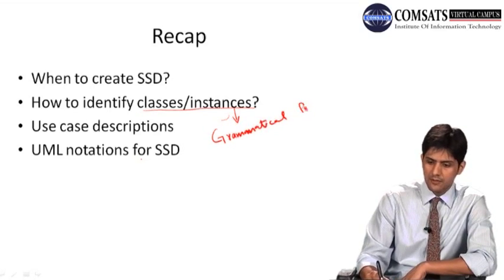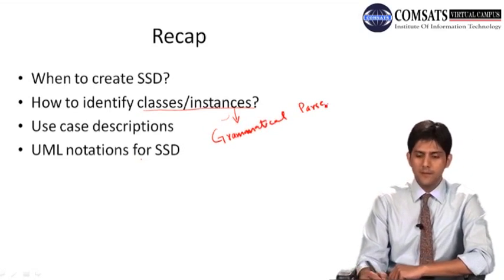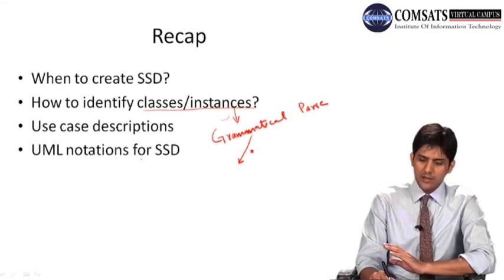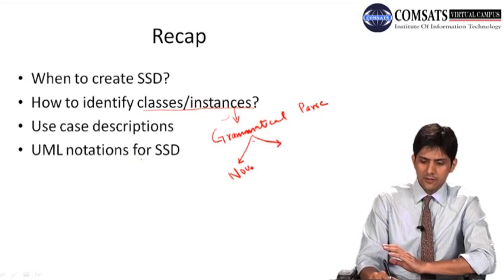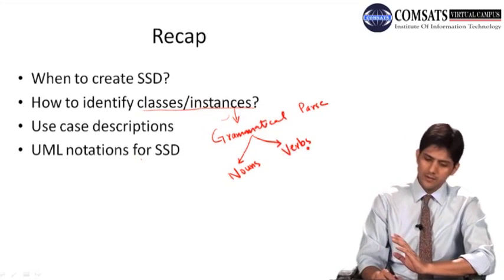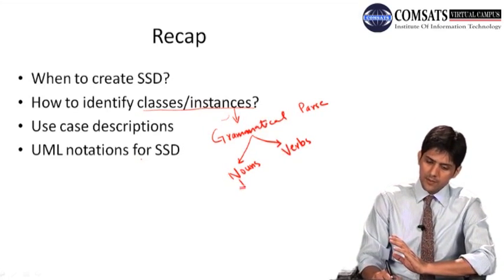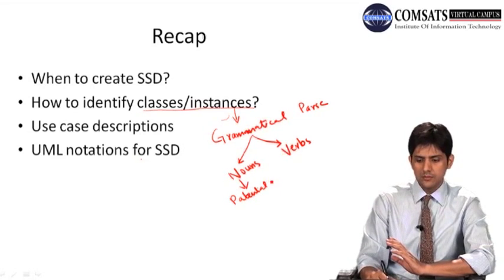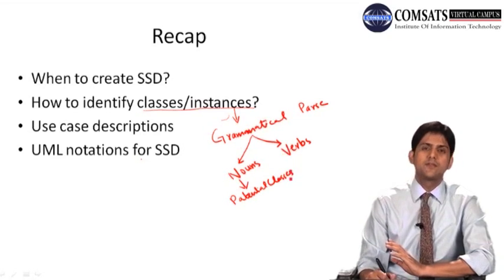We do it through a grammatical parse. When we do a grammatical parse, we end up with two things: nouns and verbs. Those nouns are also called potential classes.